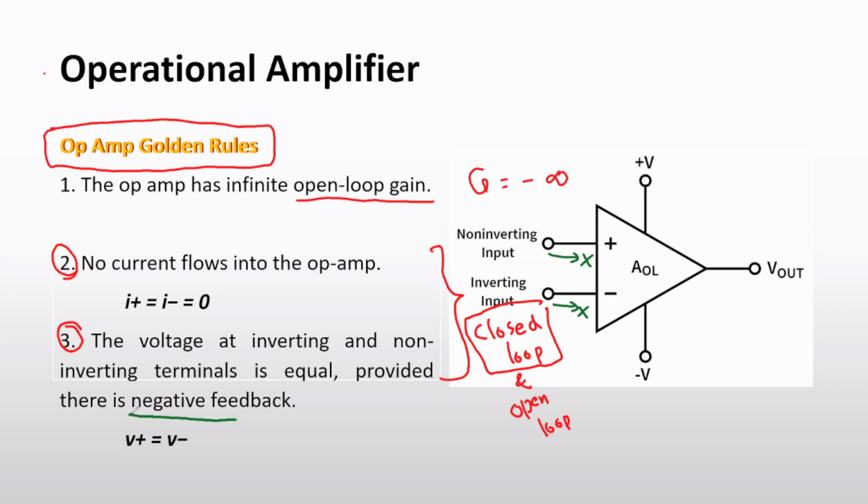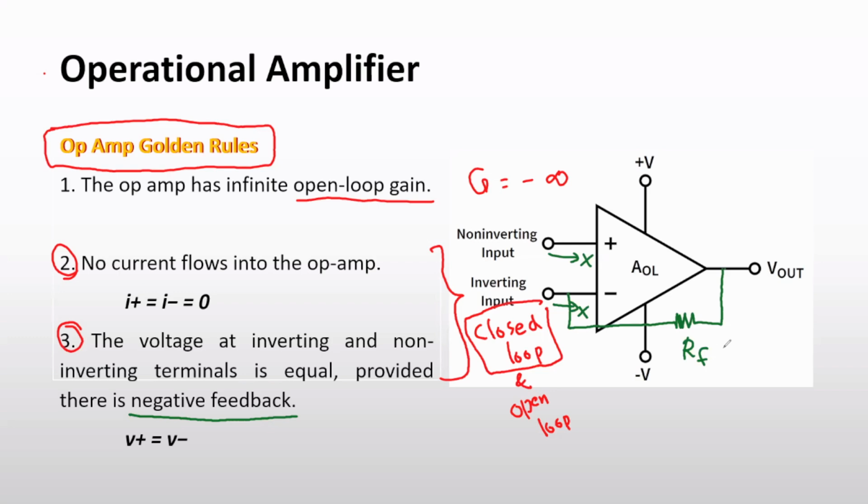That means, yes, for closed loop, normally when we are giving the negative feedback, we connect this output side to the negative terminal through a feedback resistor.